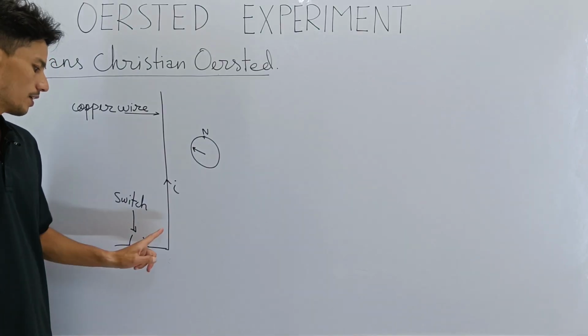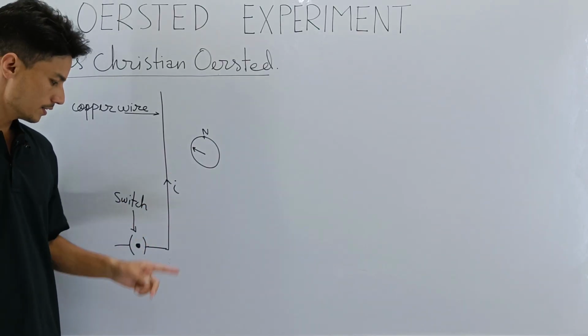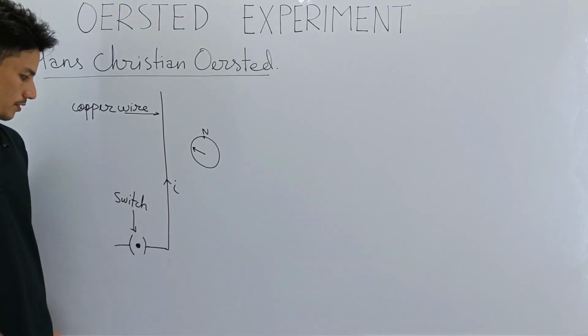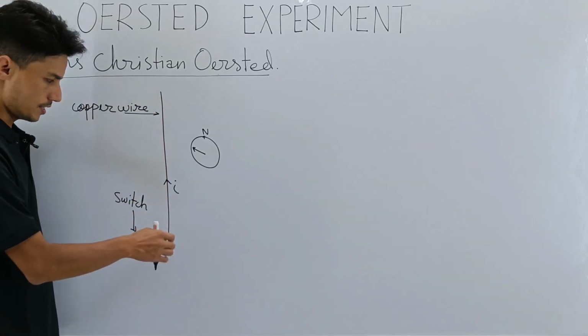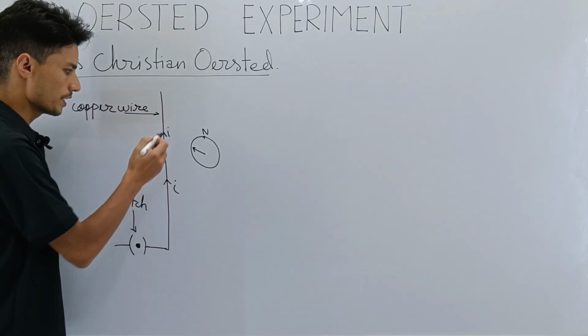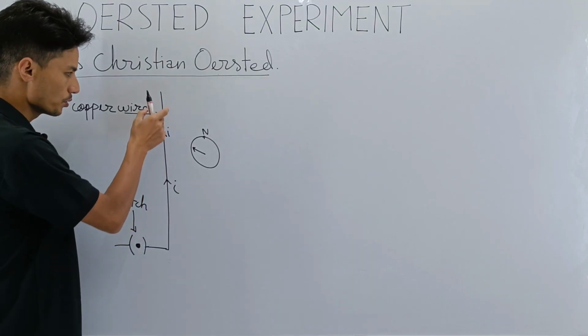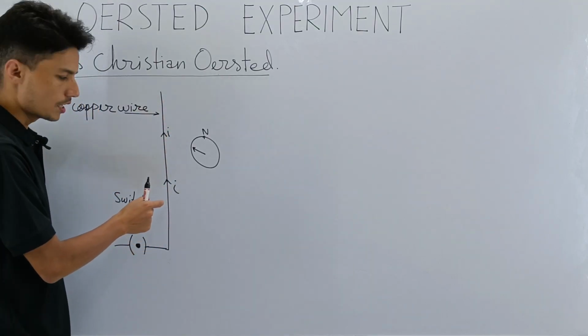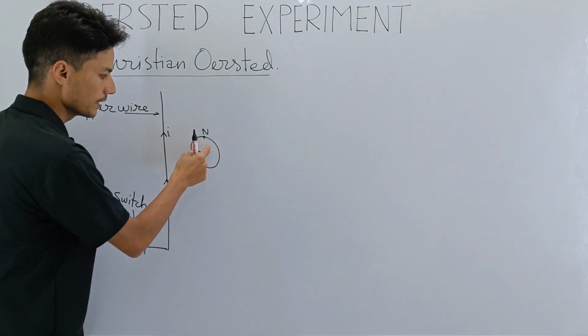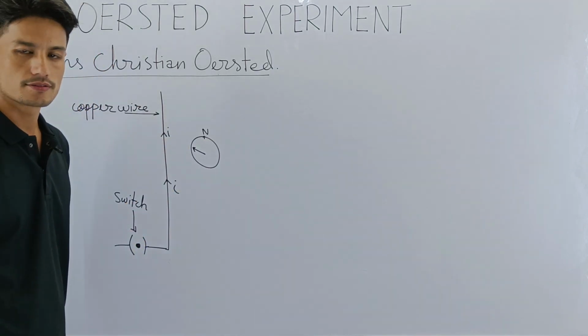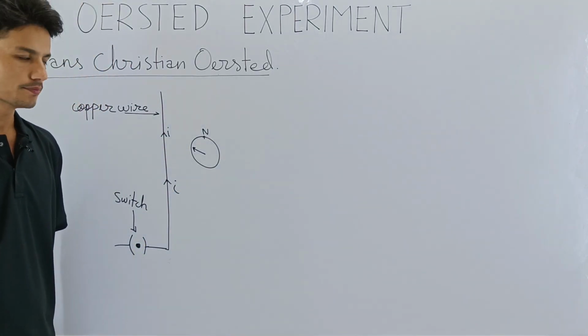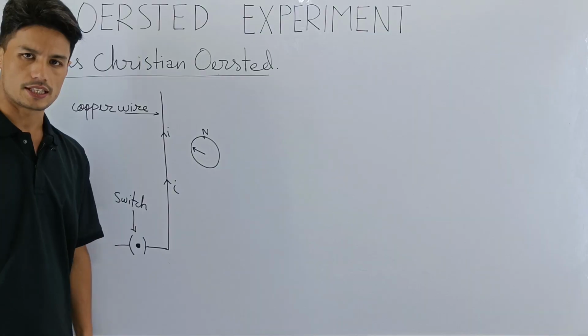I repeat, he came to the understanding that the flow of current in the wire must have produced something in the wire, which made the magnetic needle undergo deflection. I hope you are clear.